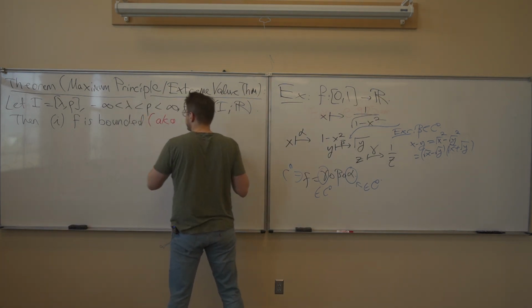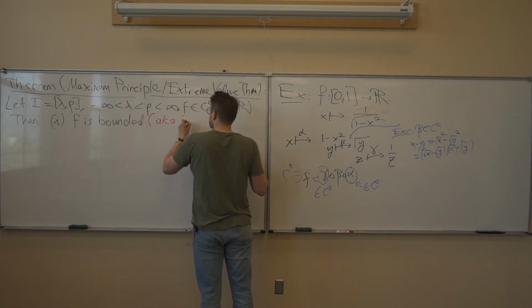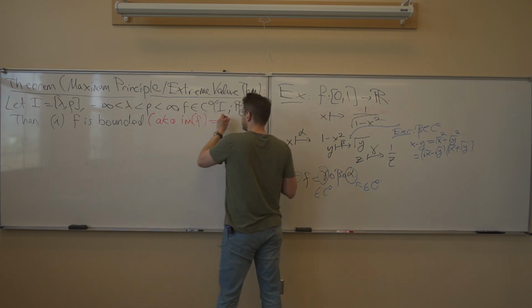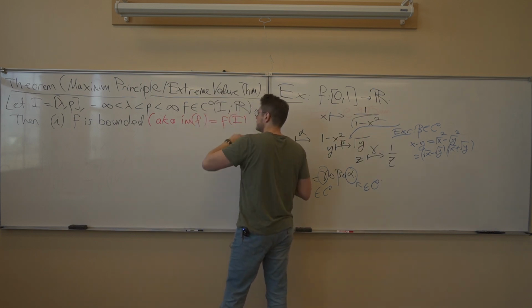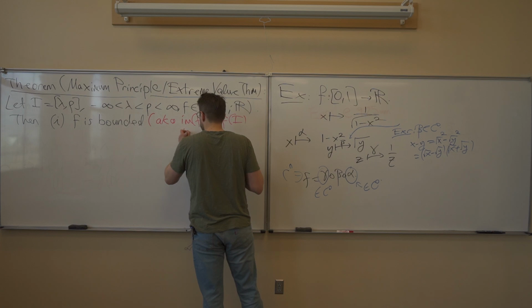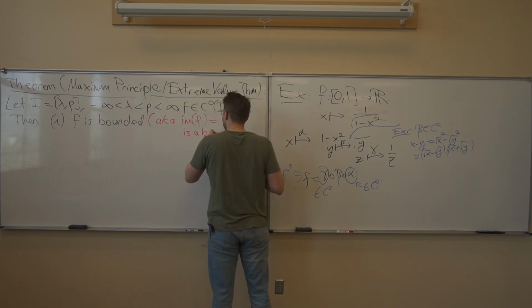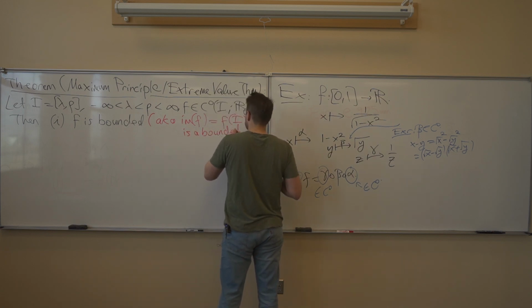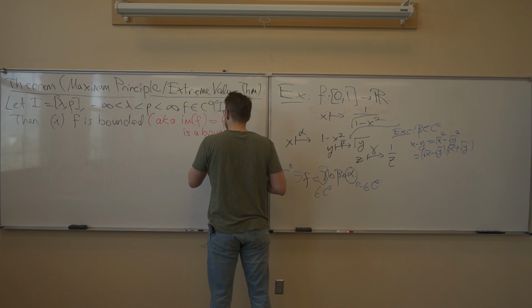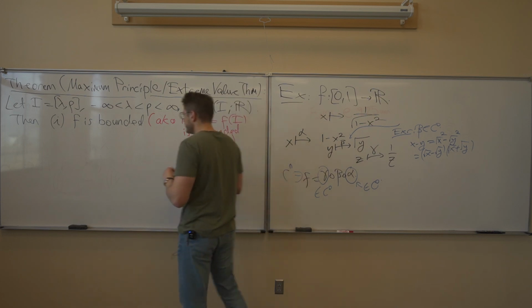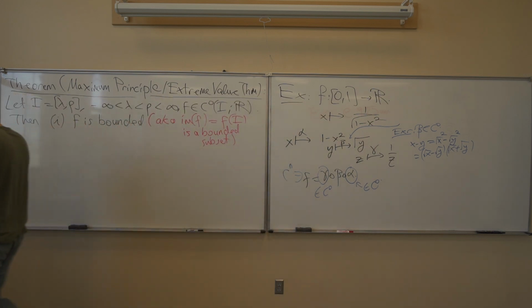So the image of f, which is also f of I, is a bounded subset of real numbers. And second, f attains its maximum and minimum at certain points in I.